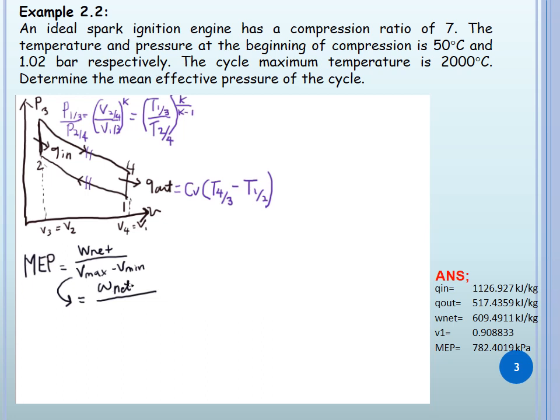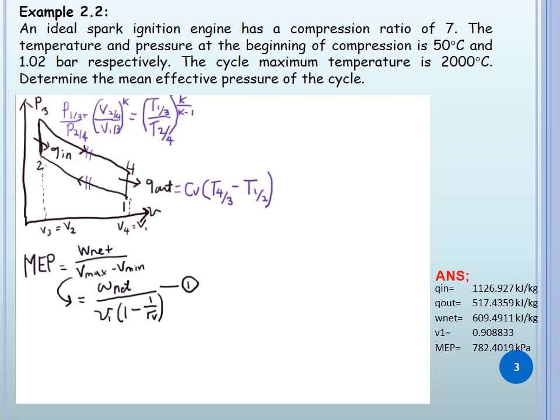This is work done per unit kg, with specific volume at 1 over rv. Normally we will use this substituted equation, and we name it equation 1.